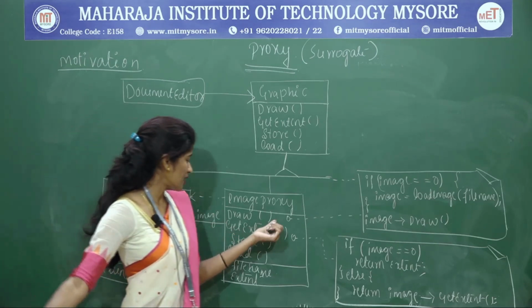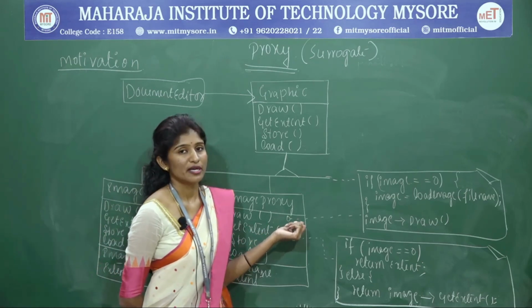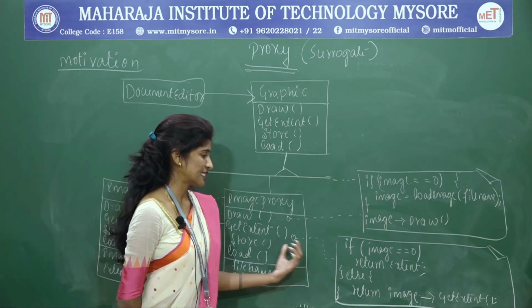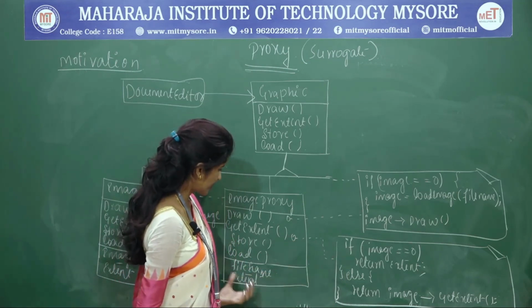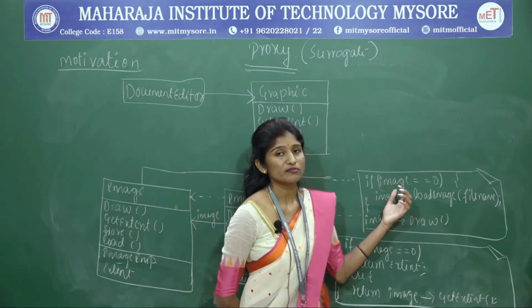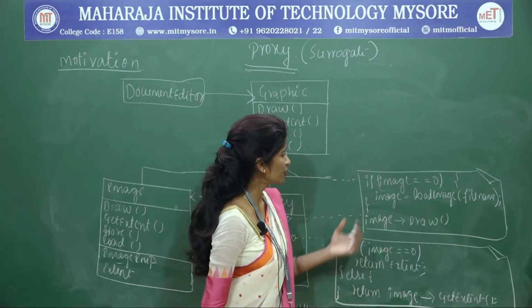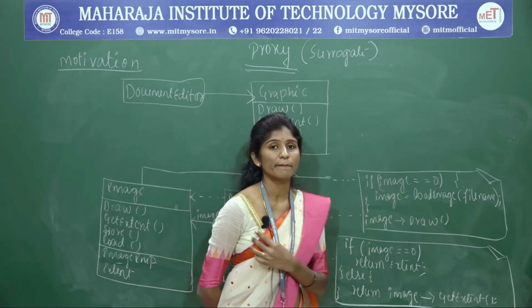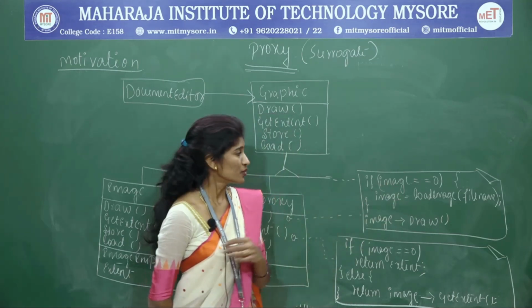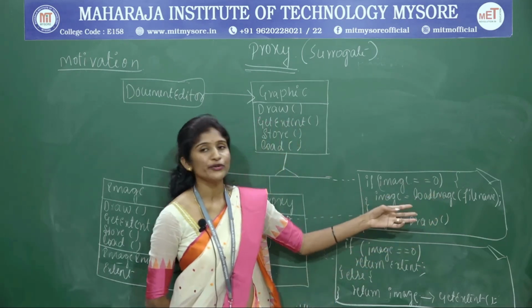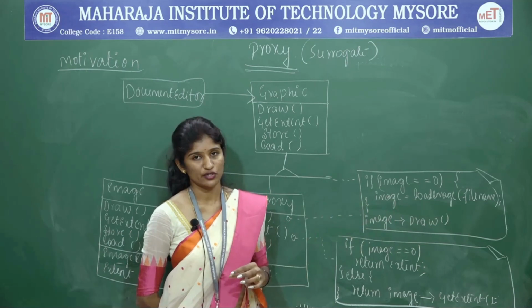Okay, so you can see now it has a draw method, so the implementation part is there, and then you have get extend. So we'll see what it contains. In the draw method, when you want to draw that particular image, it is actually checking if image is compared with 0. If image is 0, then you are going to load that image. Why?